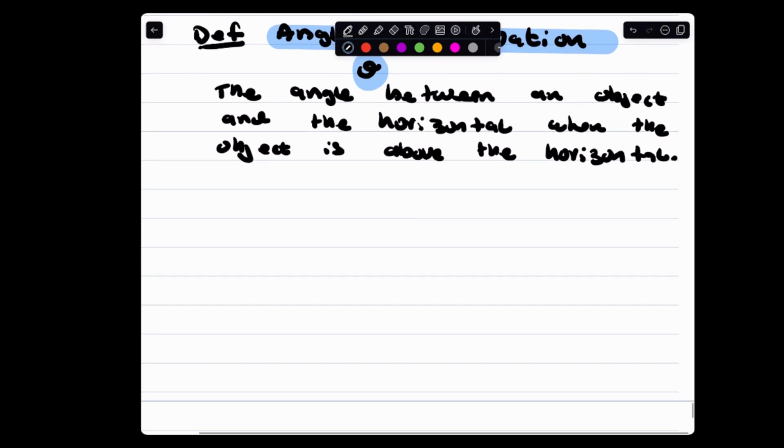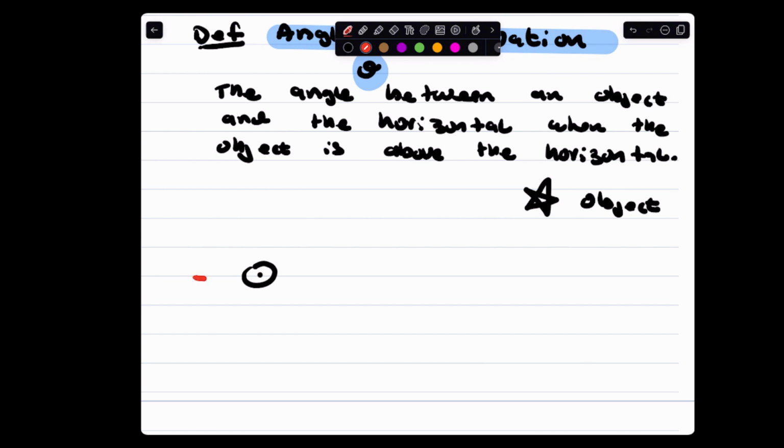So what I like to do here, I'm going to put an eyeball here, okay? And this star here, that's known as the what? Object. Okay, you guys okay with that? And then you might say, well, where in the world is a horizontal?